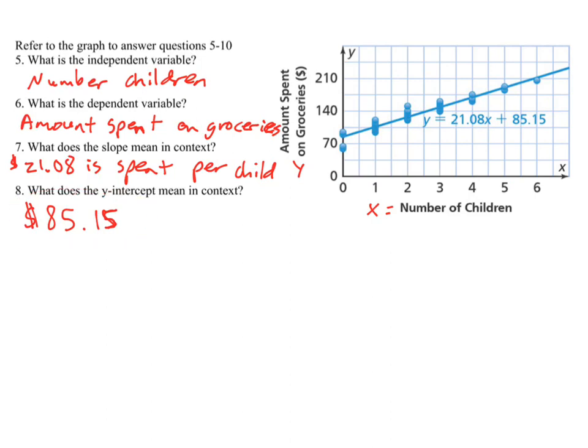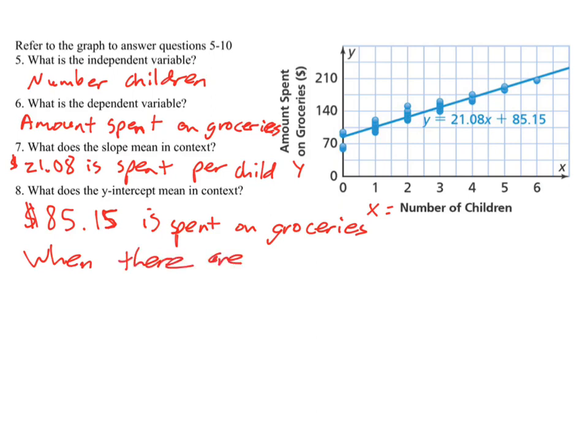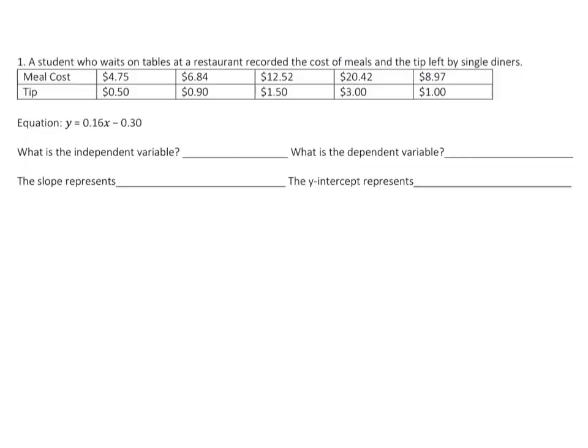So that's what we're going to write down: the amount spent on groceries when there are no children. Which is sad, but some people don't have any kids in their family, couples.